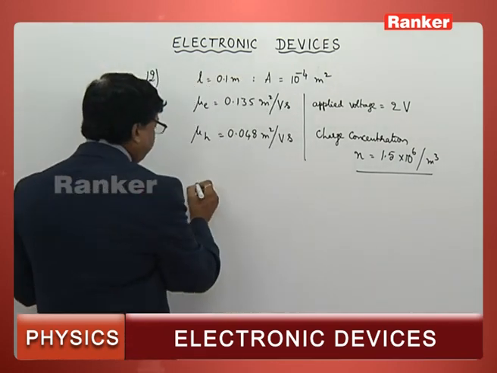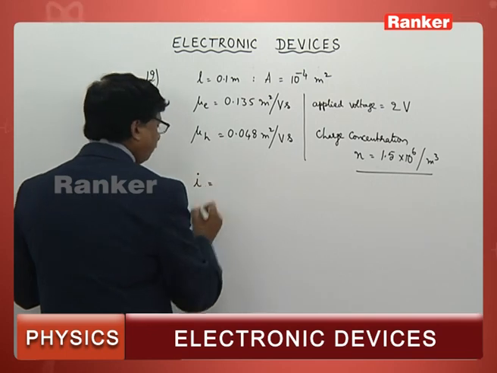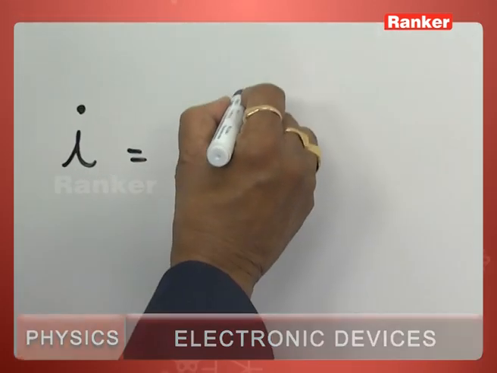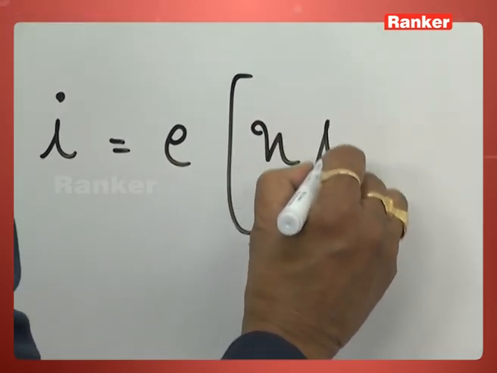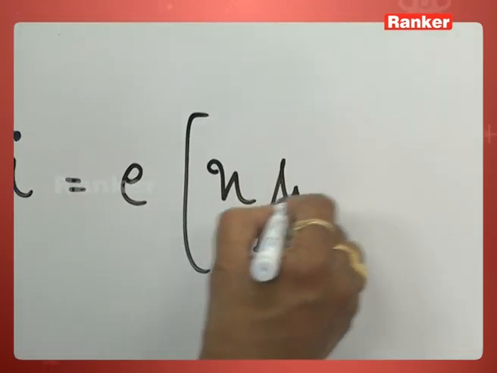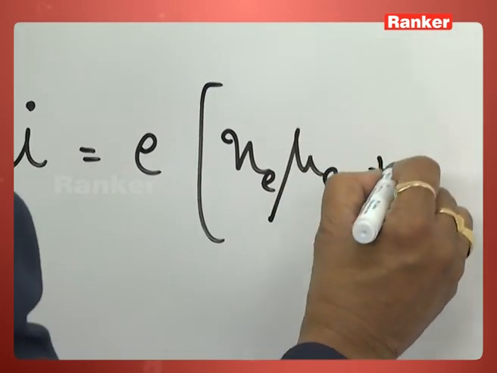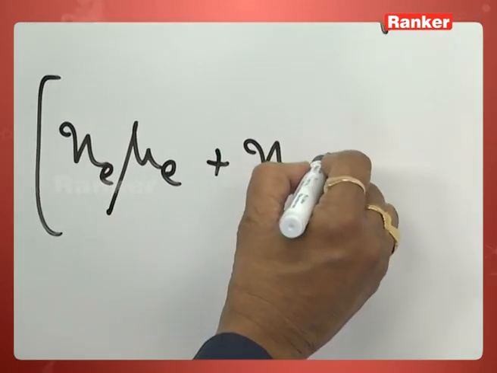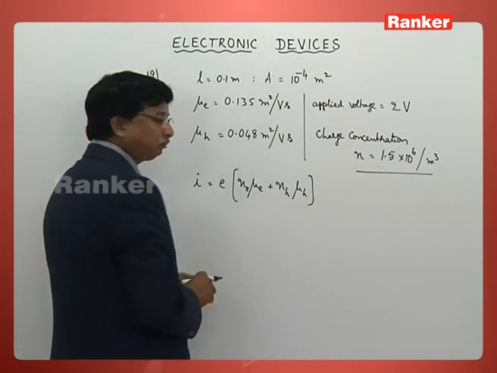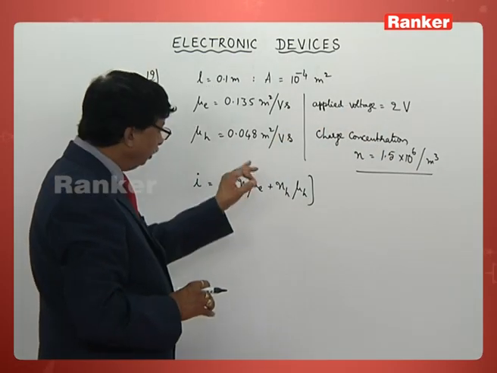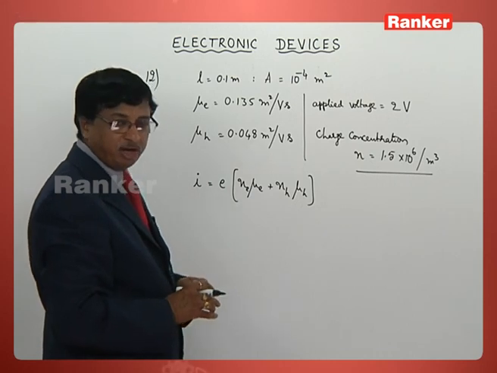So what is the formula for current here? It is charge into charge concentration into mobility of electron plus charge concentration of hole into mobility of holes into what next we are having?